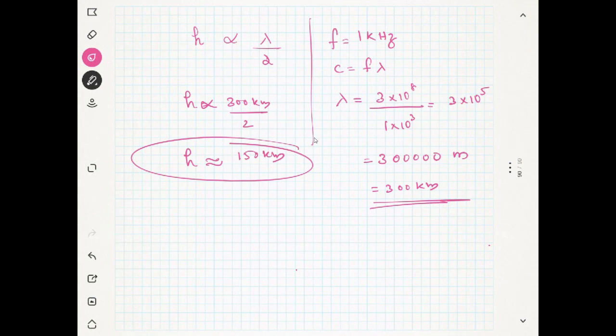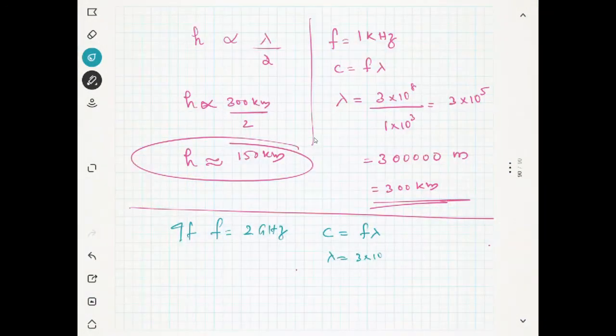Now we will see what will happen if frequency is equal to 2 gigahertz. C equals F lambda, so lambda is equal to 3 into 10 power 8 divided by 2 giga, which is 2 into 10 power 9. So 3 by 2 is 1.5, divided by 10, that means 0.15 meter, or 15 centimeter.